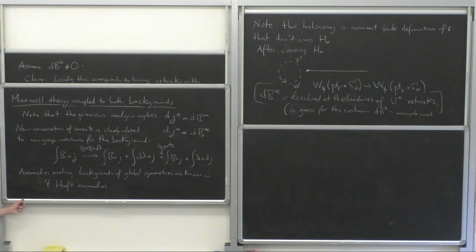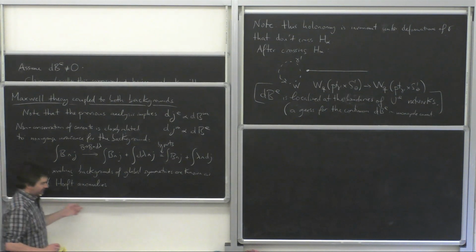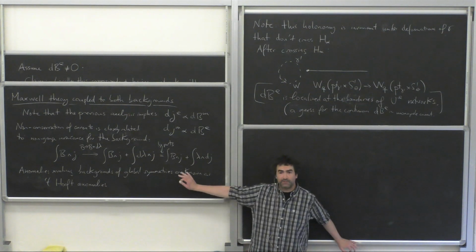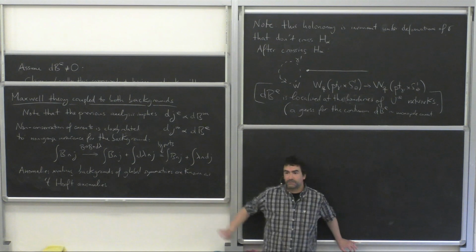You might have heard at some point the word global anomaly to describe these things. I don't like to use that word because it's also used for some specific type of anomalies for gauge symmetries that we'll see in a minute. So I find the terminology can get confusing, while a 't Hooft anomaly is only used in this sense, so I'm going to stick to this convention.